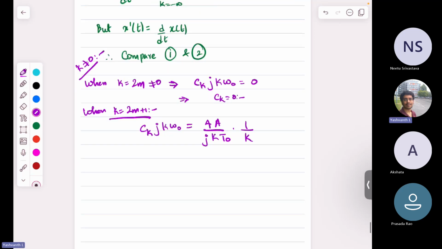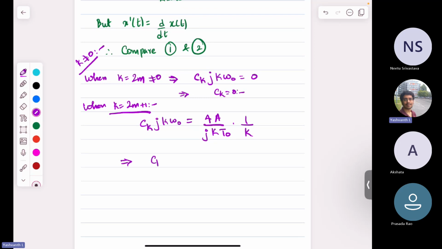That is nothing but ck equal to minus 4a by k square t naught omega naught. Is it correct? Yeah, I think it's correct.